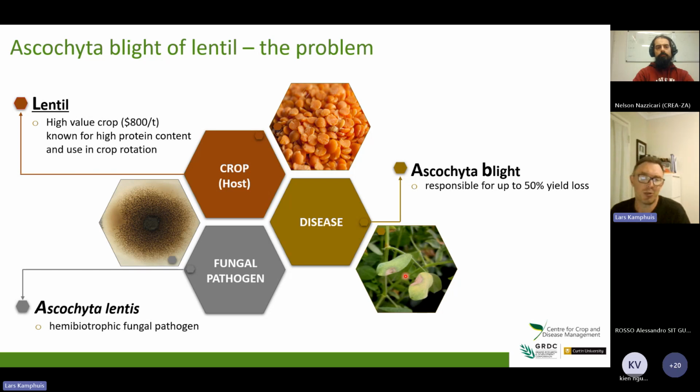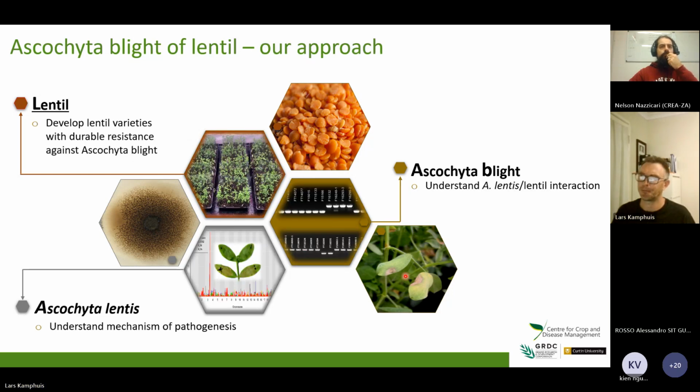And Australian lentils are known for their high protein content. But as I mentioned, Ascochyta lentis is the main disease in Australia that's causing disease issues and can cause up to 50% yield loss if a crop is not protected and it's a susceptible variety. So quite a serious disease if left untreated.